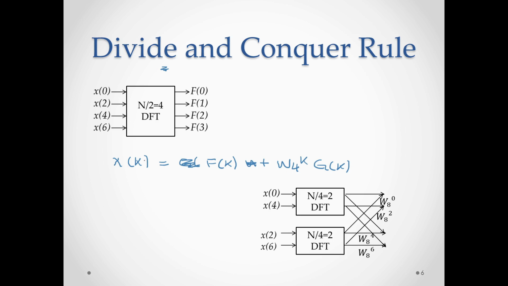For x of 1 term, that would be an easy example to understand. For x of 1 term, what we got was f of 1 plus w41 g of 1, and we multiplied it with w41, but over here we are multiplying it with w82.